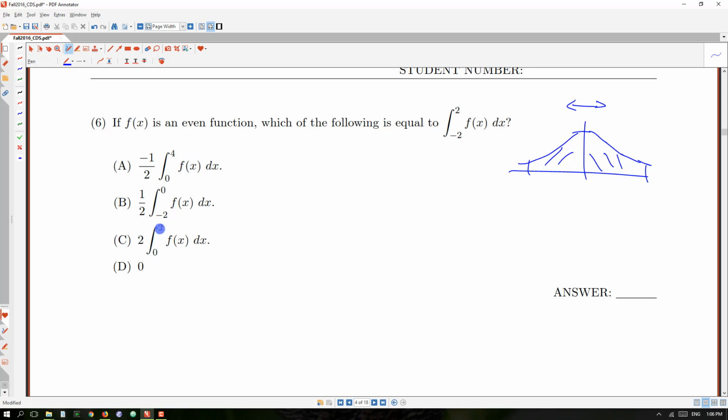Notice what we have in our ingredient lists are only one that really matches that -2 to 2 and gives us information about 0 to 2. So if we had the 0 to 2 integral and we multiplied that by 2, that would give us the same area as the even function over the longer interval, but only counted once. So what we're looking for there is C.